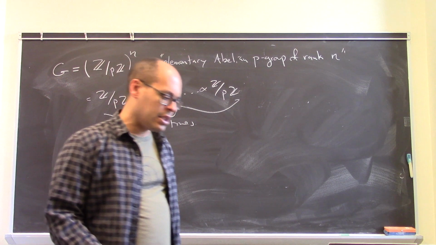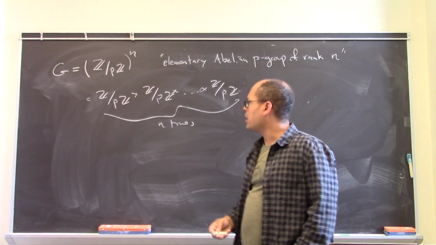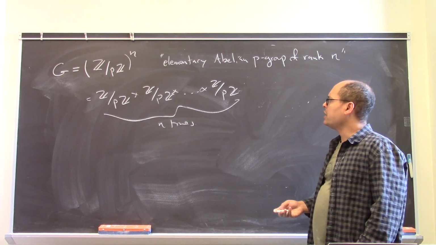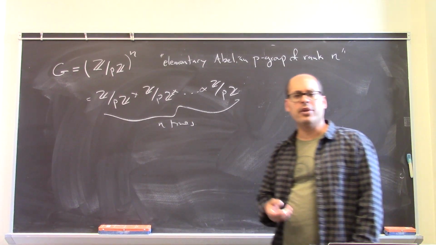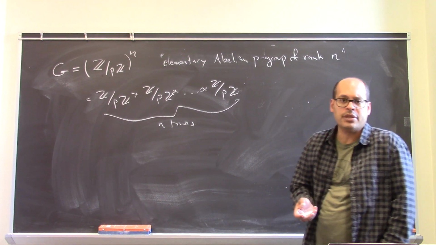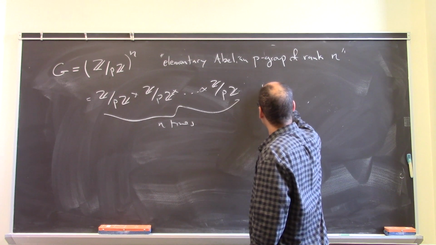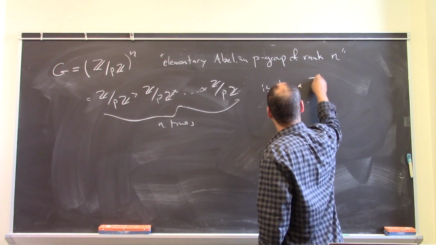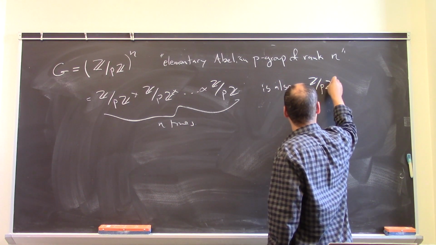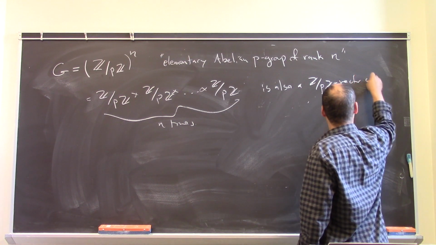Now this is an interesting, nice case because this is not only a group, but it also has the extra structure of a vector space. This is actually a Z mod pZ vector space.